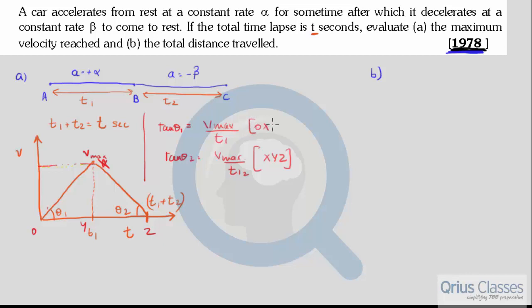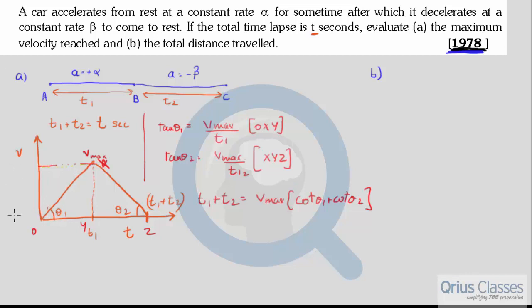So this gives us that t1 plus t2 is equal to Vmax into cot theta 1 plus cot theta 2.